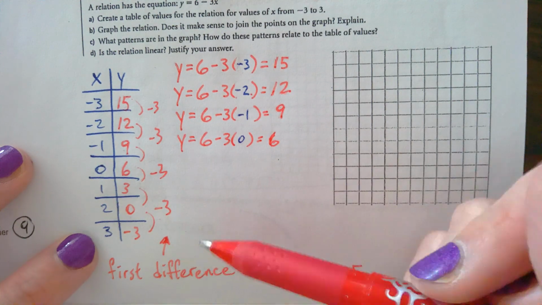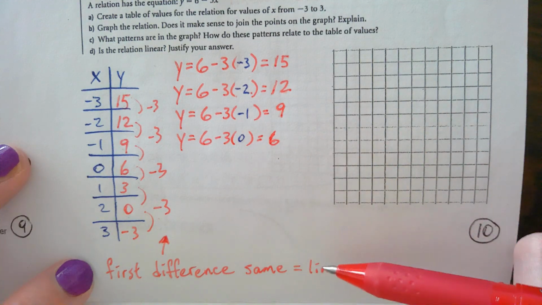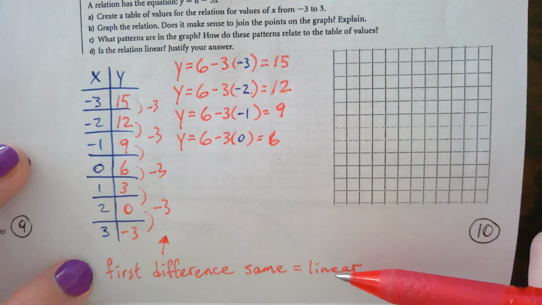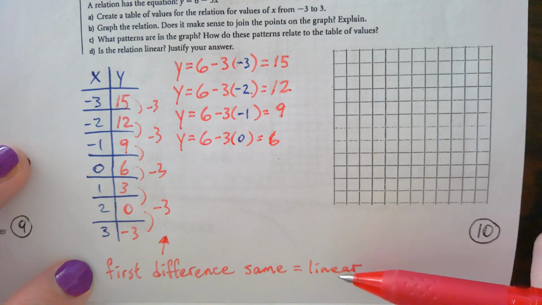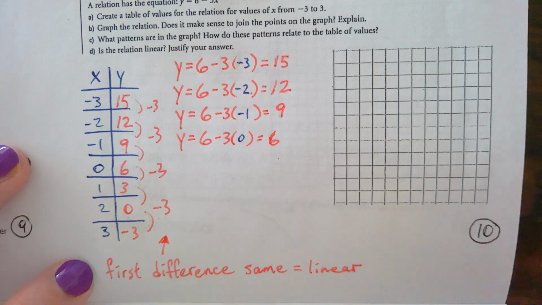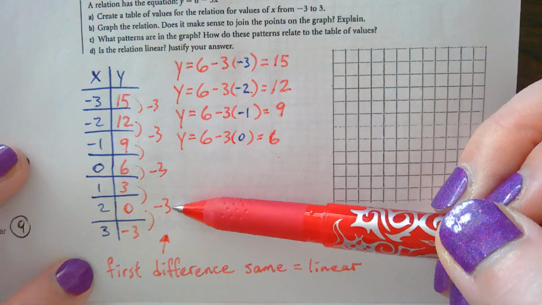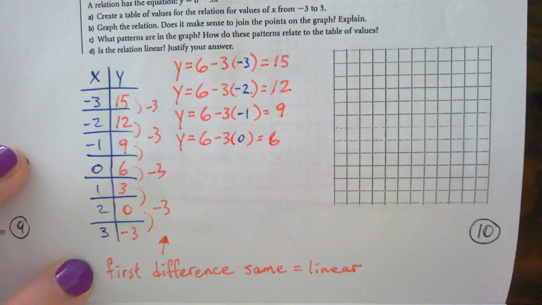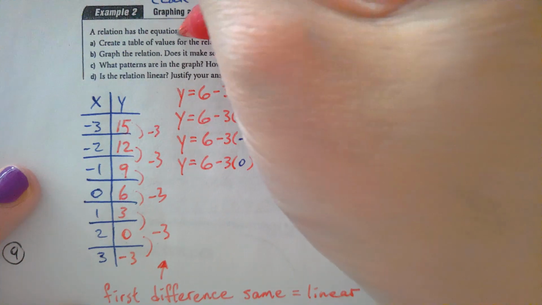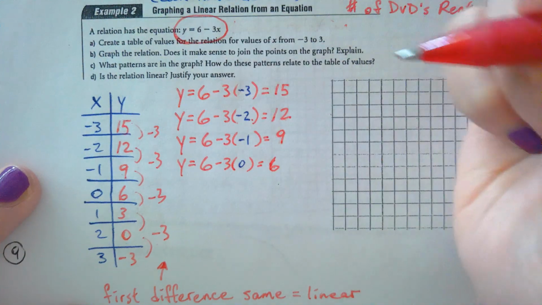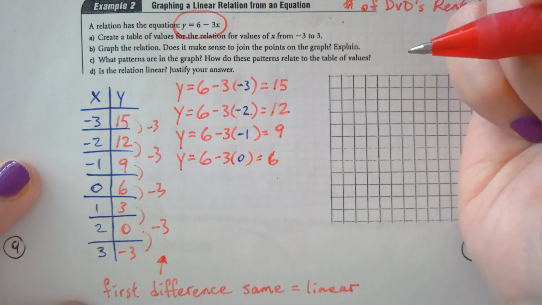Okay, so this is called first difference right here. If the first difference is the same, it means that when you graph it, you should get a line. It's a linear relation. Also right here, if you just look at this equation, what format is this equation? Nathan?